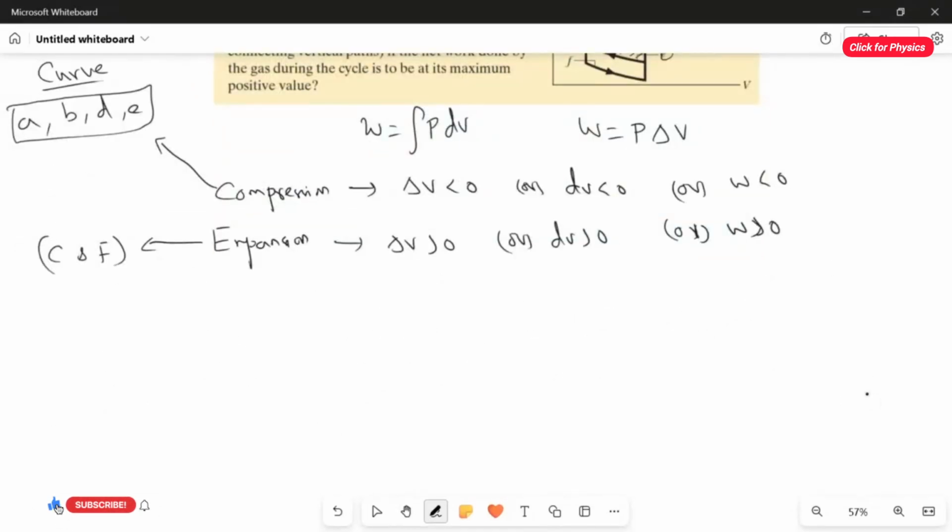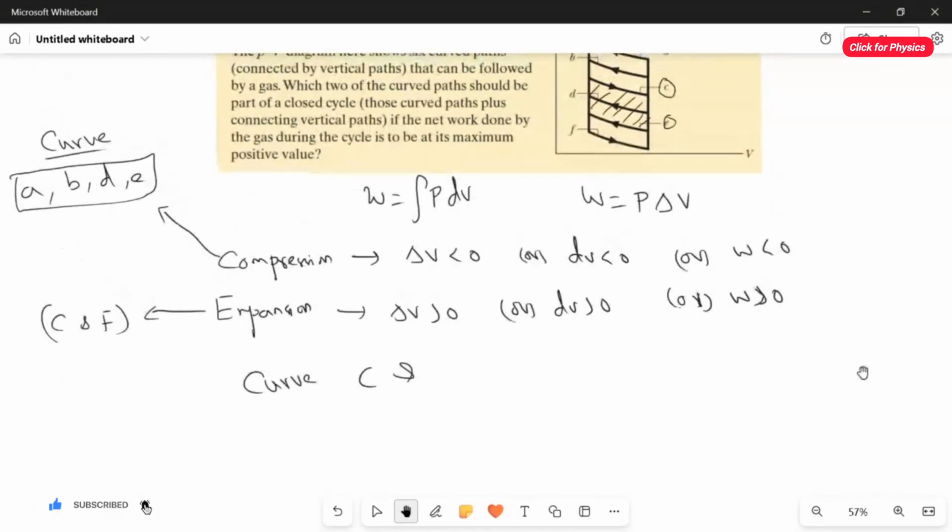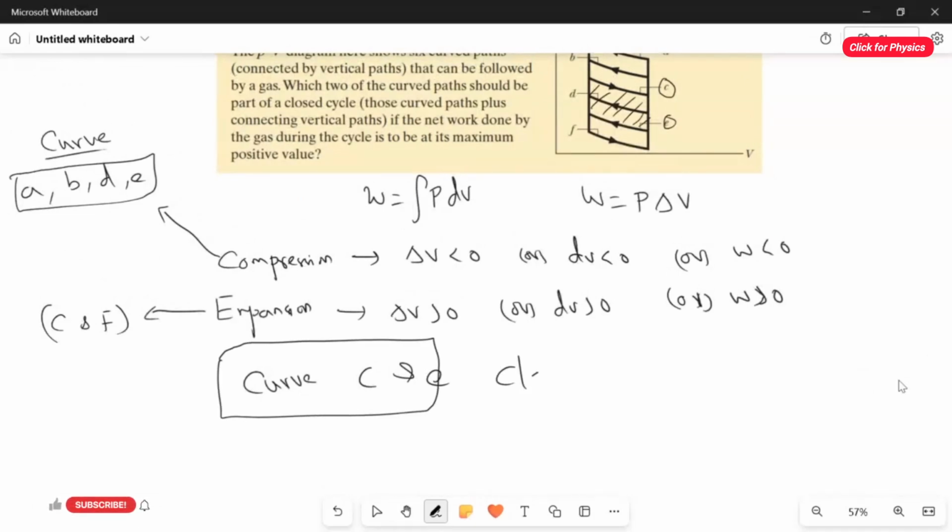Clear? So here the curves C and E, C and E, will form the closed cycle.